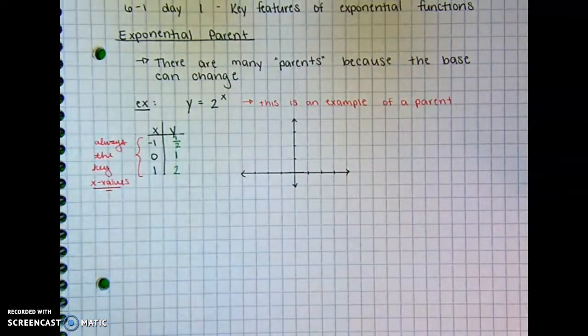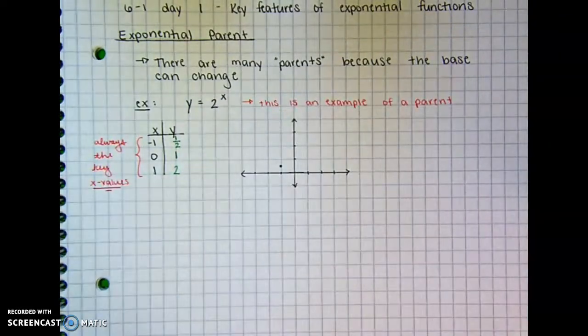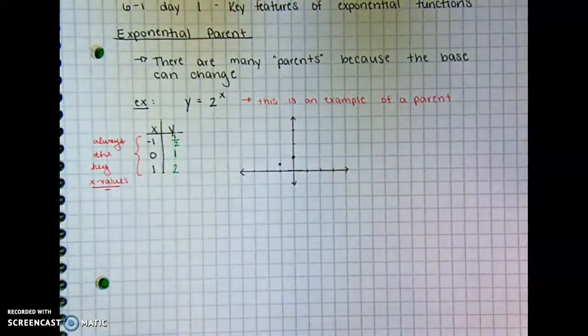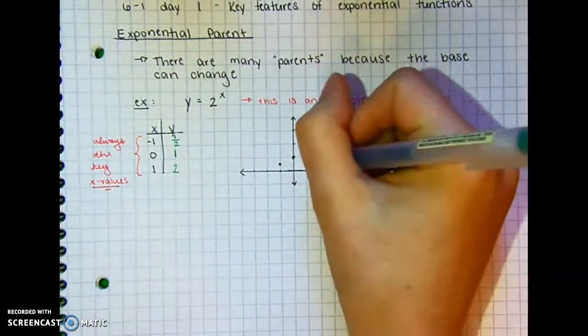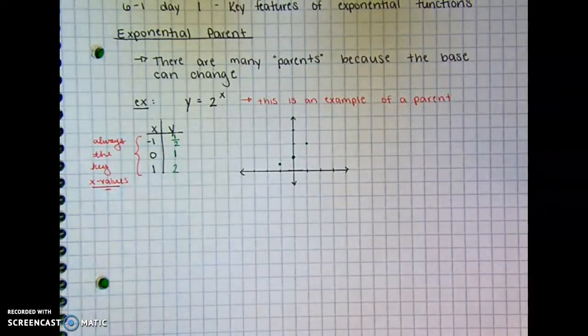Okay, so to plot it, we've got -1, 1/2. We have 0, 1, and 1, 2. You'll notice it's making a curve. You actually learned about this back in Algebra 1.